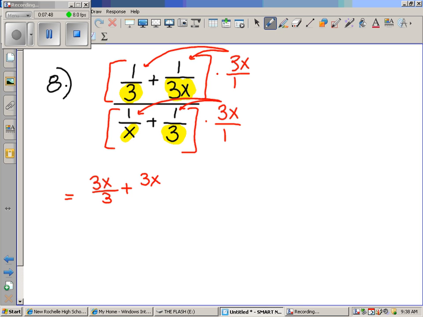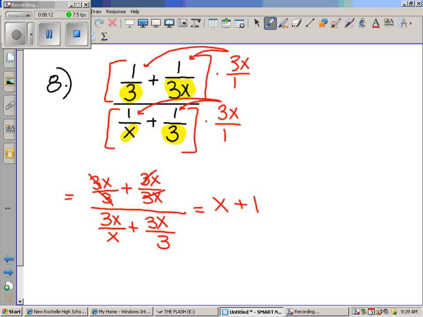Plus 3x over 3x divided by 3x over x plus 3x over 3, which then becomes, these cancel, x, this whole thing cancels, plus 1, over, this and this cancel, 3 plus x.